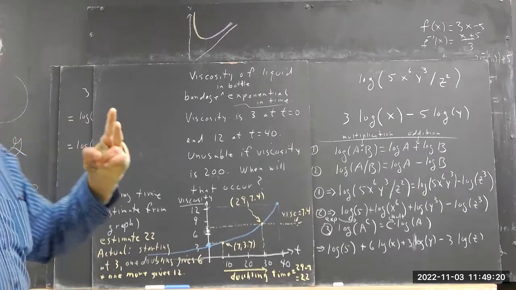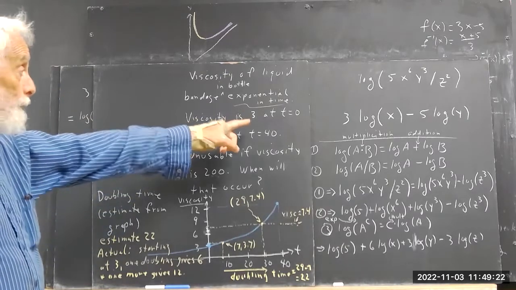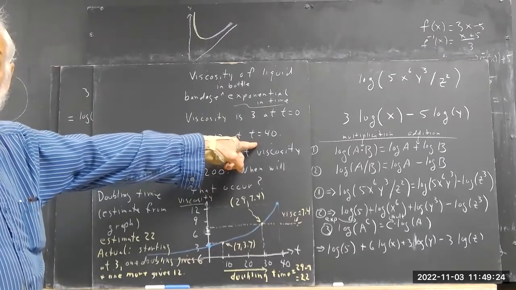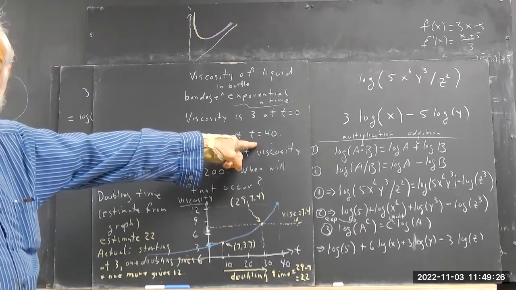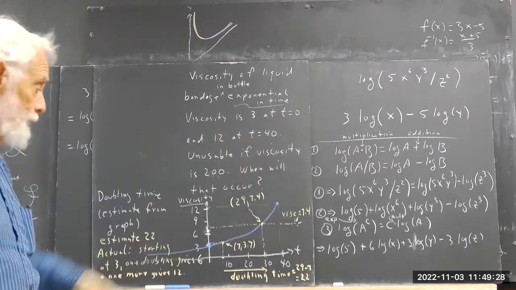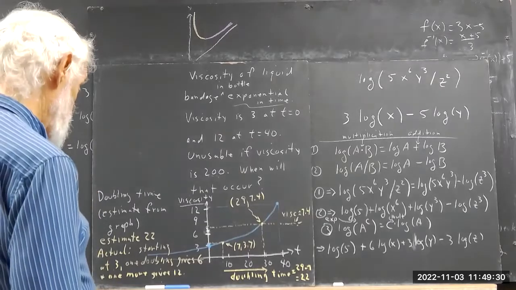So 2 doublings in what? If this is days, it's 40 days, right?